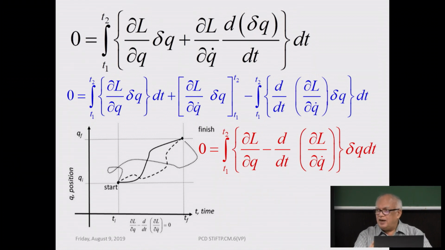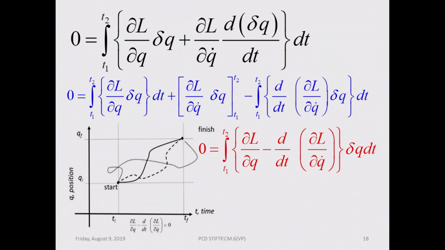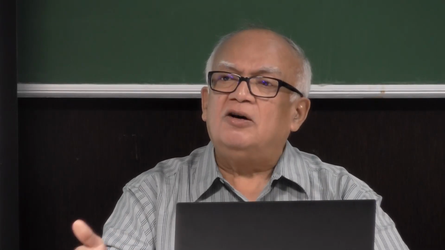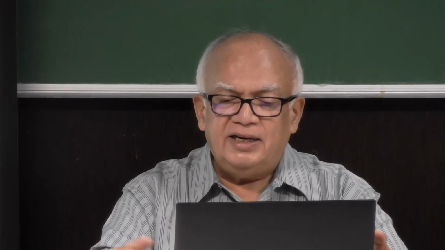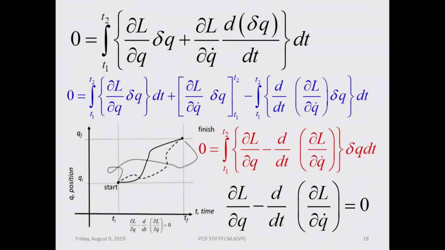That is guaranteed, because otherwise you may have this integral go to 0 for some particular choice of delta Q, but that's not what the ansatz is. The ansatz is that no matter what alternative path you take, this action must be an extremum. And the necessary and sufficient condition for this to hold is that the integrand itself is 0, and that gives you what is called the Lagrange equation.